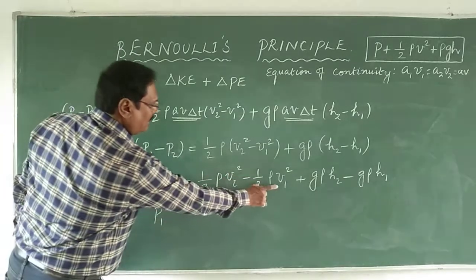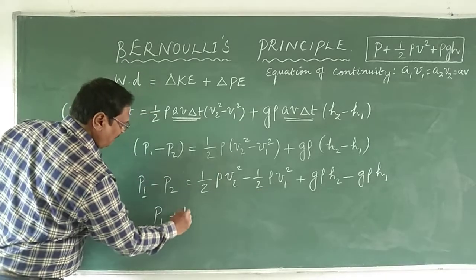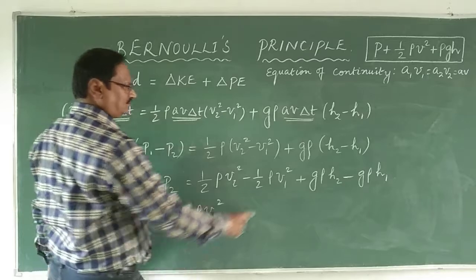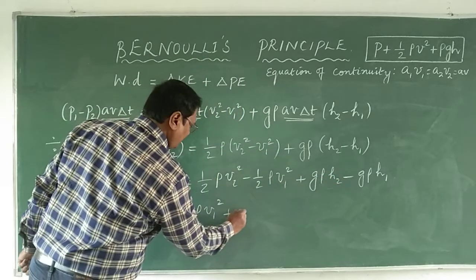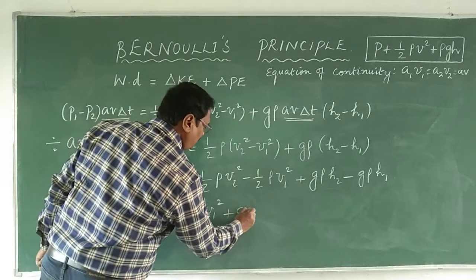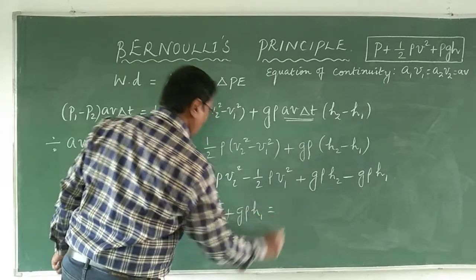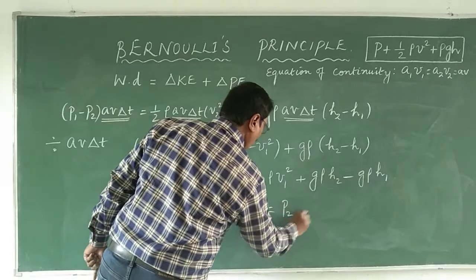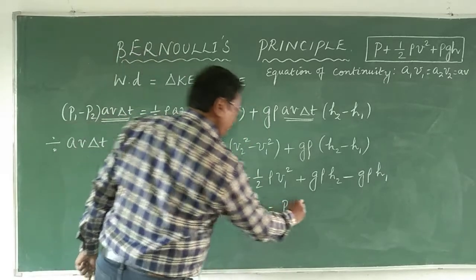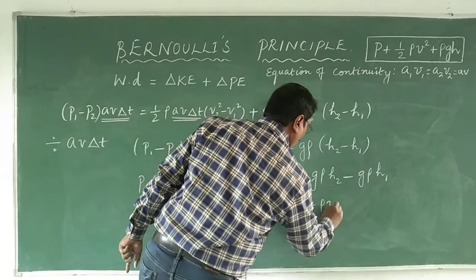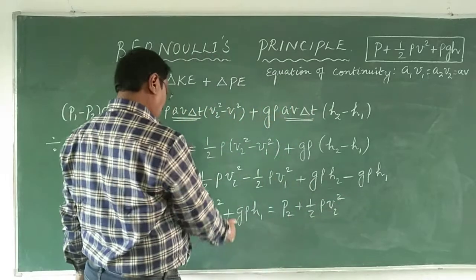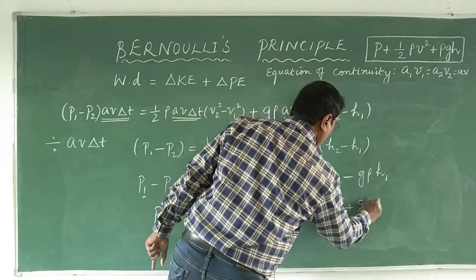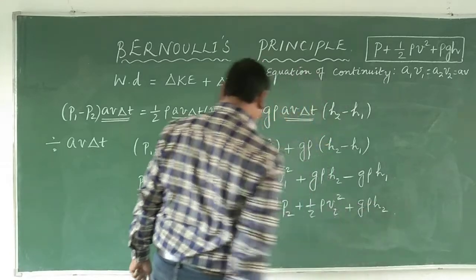P1 plus half rho V1 square plus G rho H1 is equal to P2 plus half rho V2 square plus G rho H2.